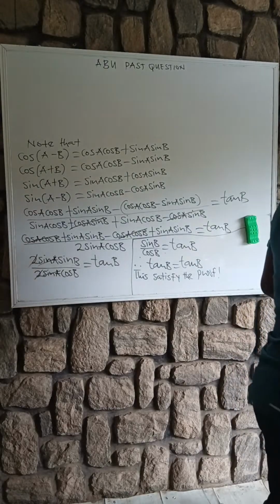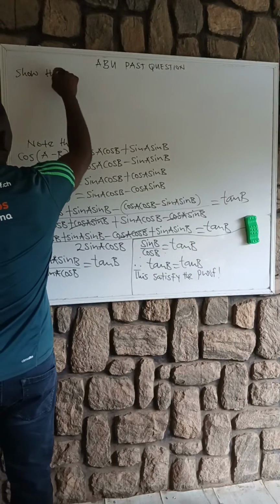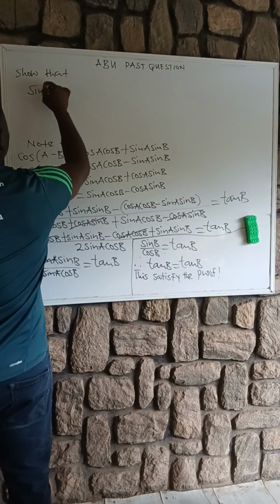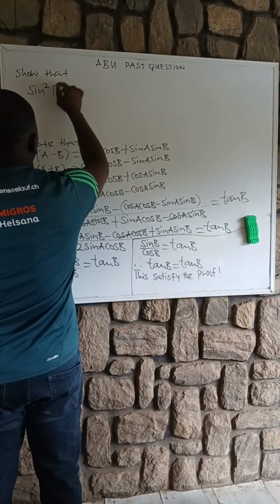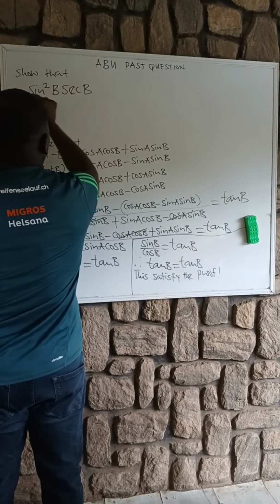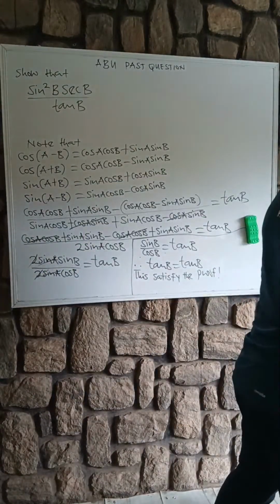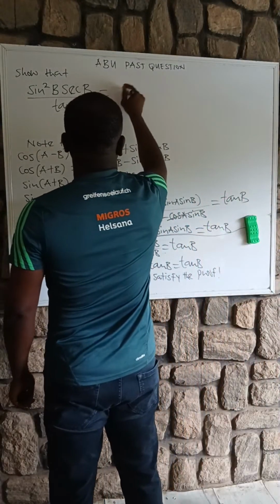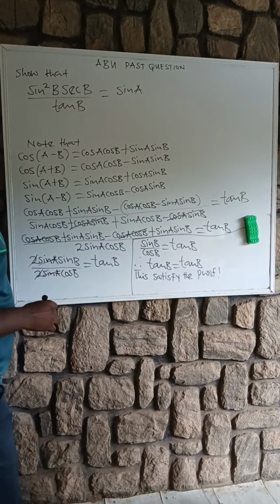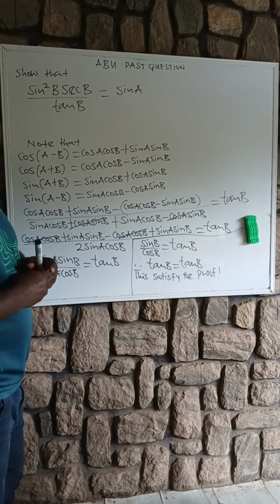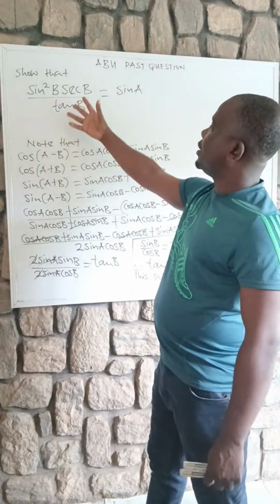They said, show that, another example, show that sine square B sec B all over tan B equals sine A. So, how are we going to solve this problem?